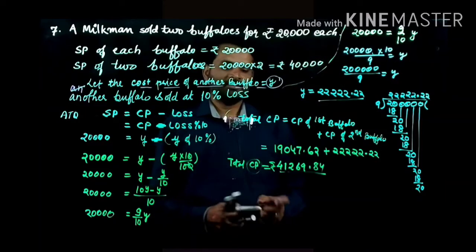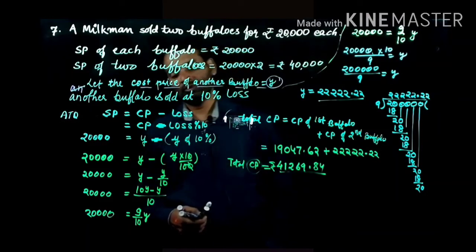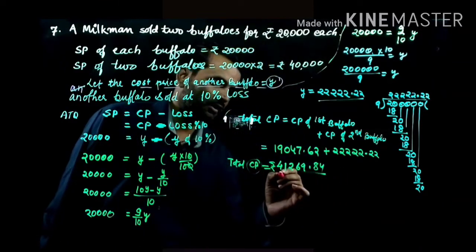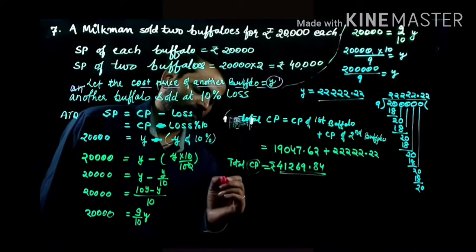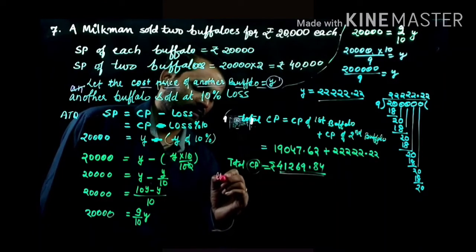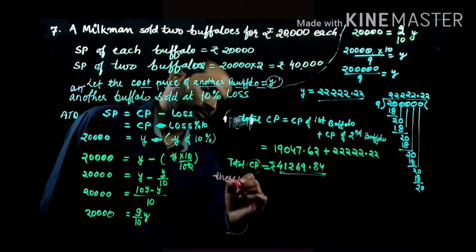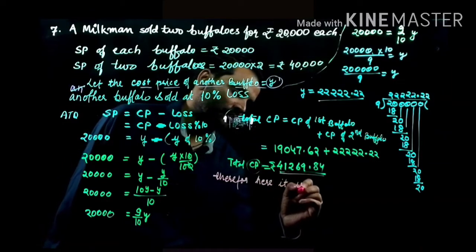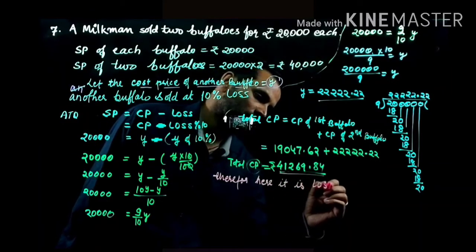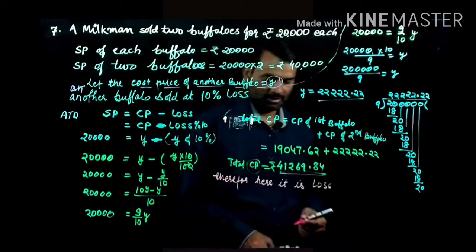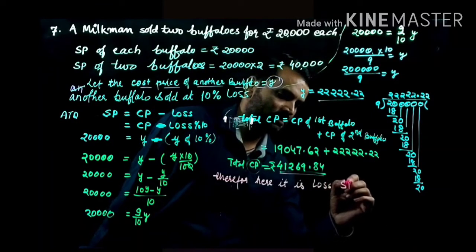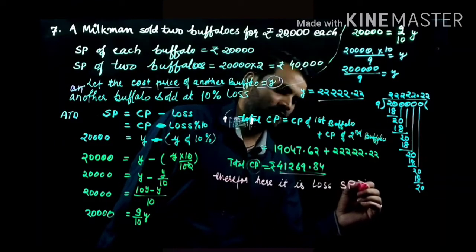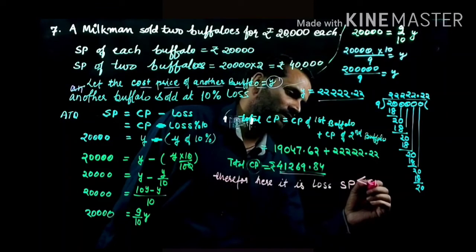Then you find the total gain or loss. Therefore here it is a loss. Why is it a loss? Because SP is less than CP.